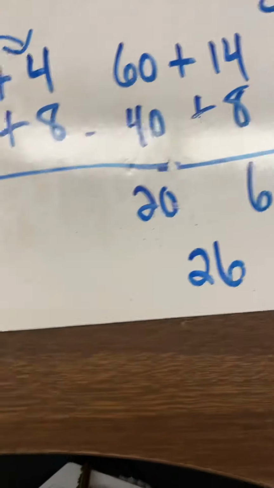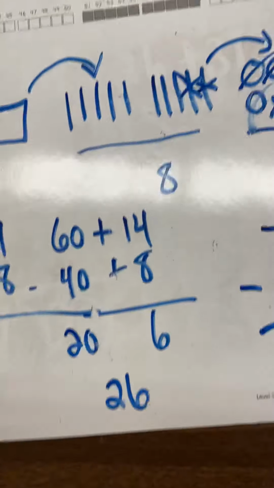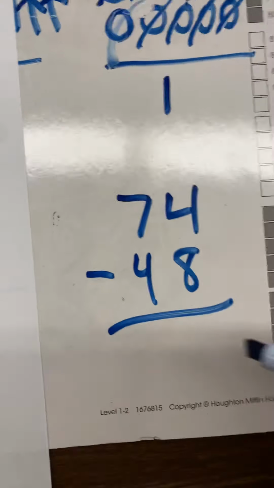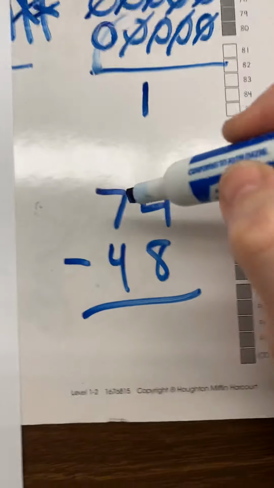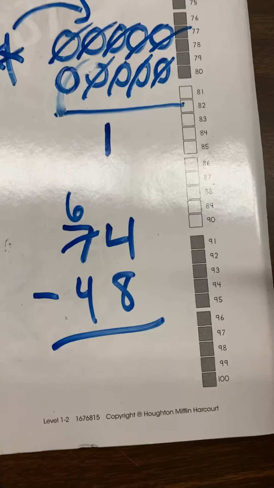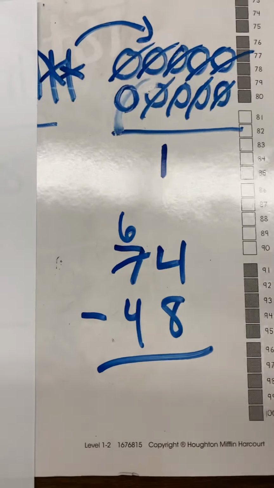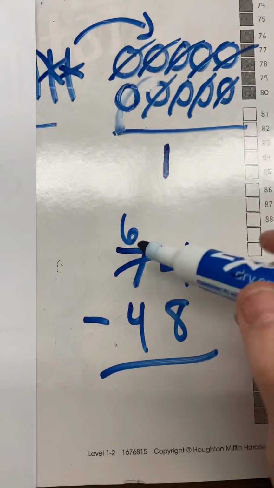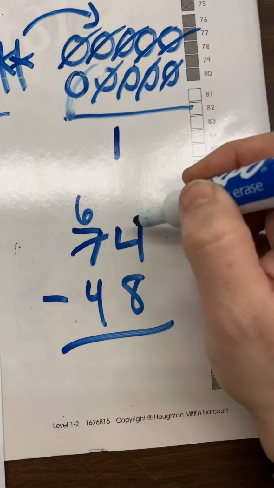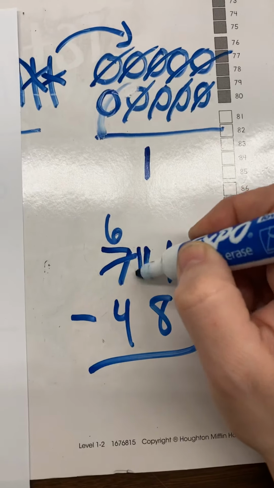Now that we've done it with the quick drawing method, we've done it with expanded method, they're really starting to understand the idea of it, the place value of it. And we will start to see that, yes, this 70 is just going to become a 60. And all I have to do is cross it out and turn it into a 6, because that's in the tens place. The 7 really means 70. So now that 6 really means 60. And if I give that 10 over to the ones place, my 4 is going to become a 14.